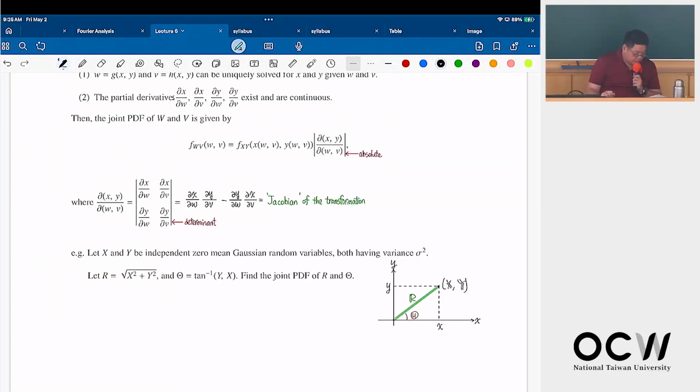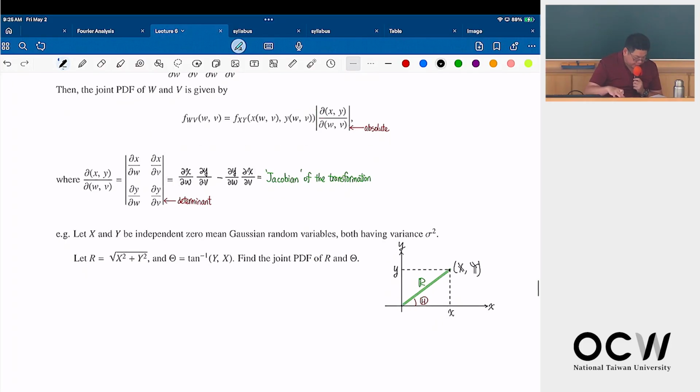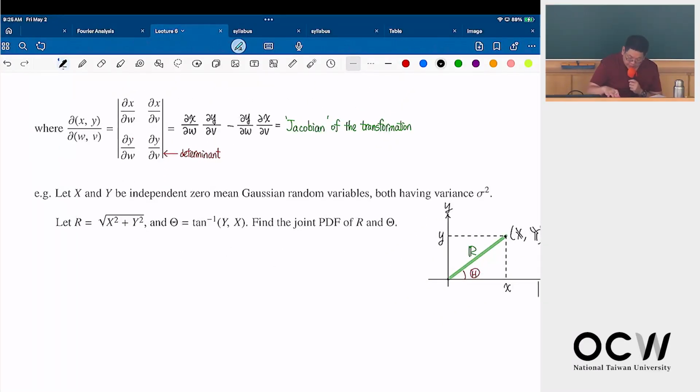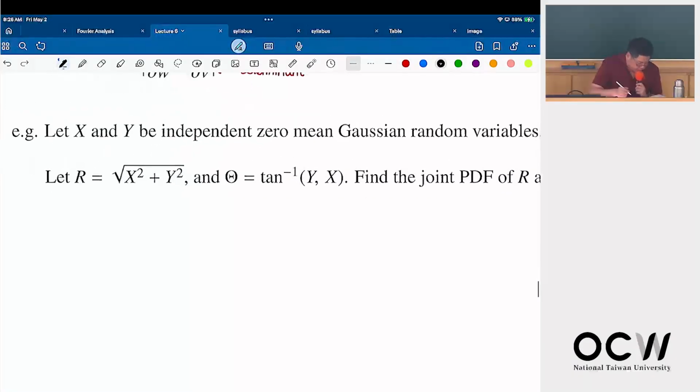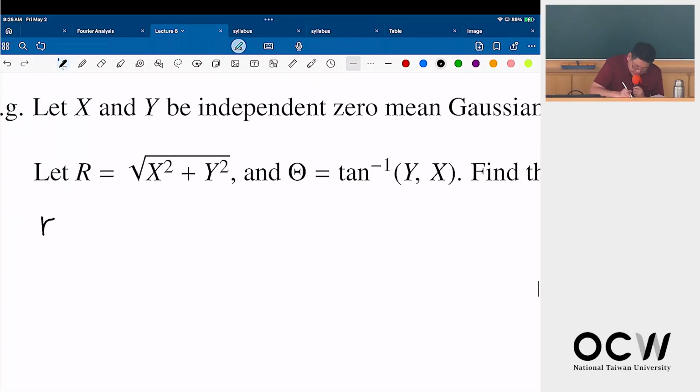So now, to find the joint PDF, first we know r is the magnitude or the radius, and your theta is arctangent.